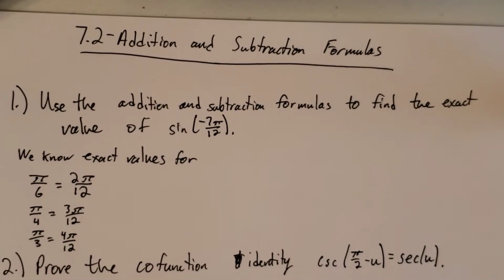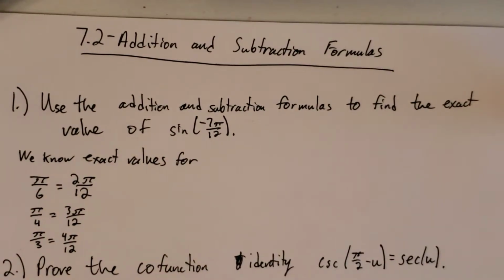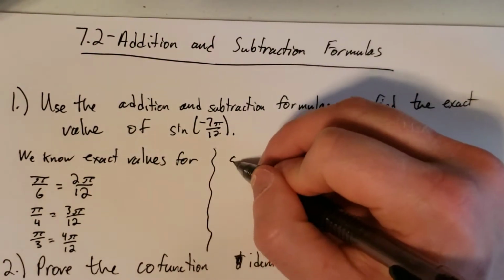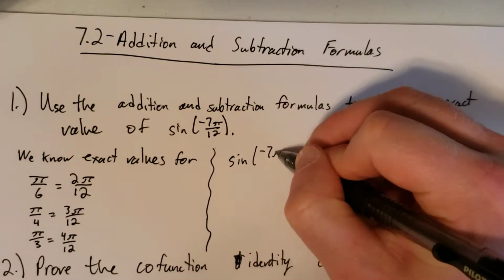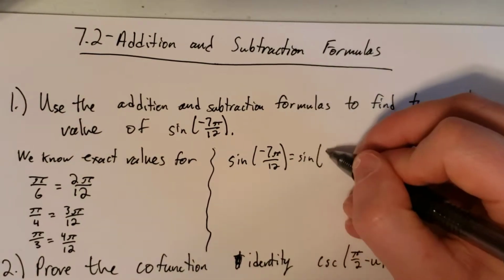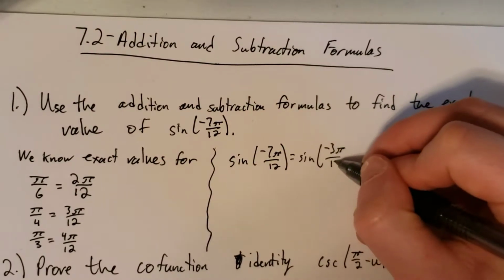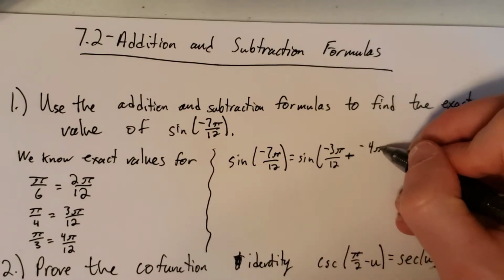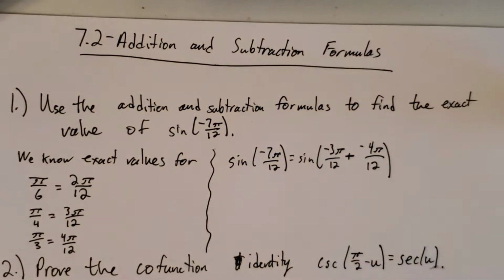All right. So how do we solve this problem and find out what sine of negative 7 pi over 12 is? Well, we can write out sine of negative 7 pi over 12 is equal to sine of negative 3 pi over 12 plus a negative 4 pi over 12. And from here, we can use the addition formula.